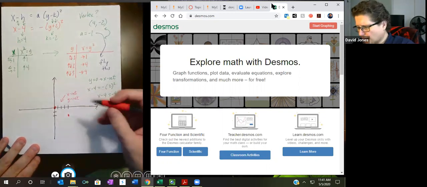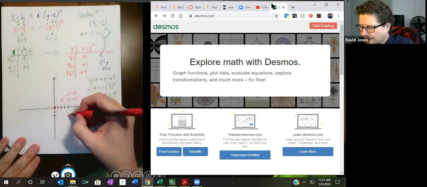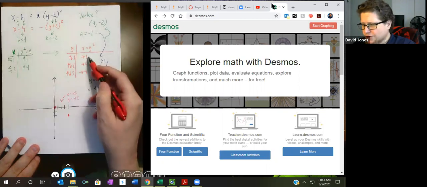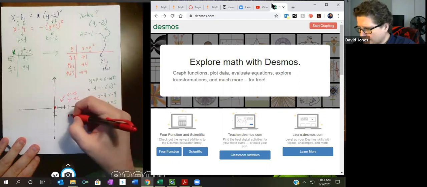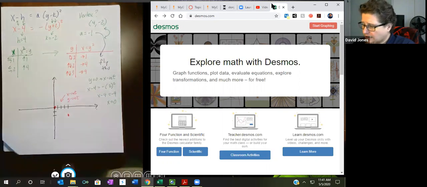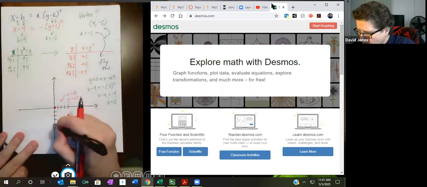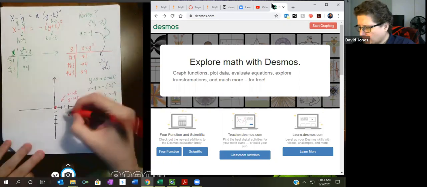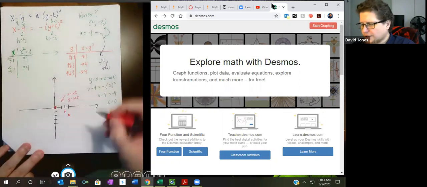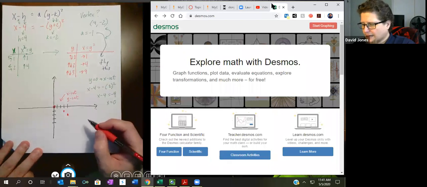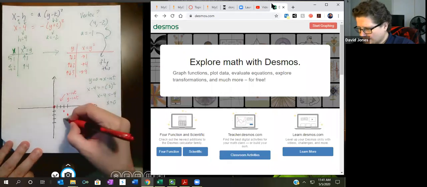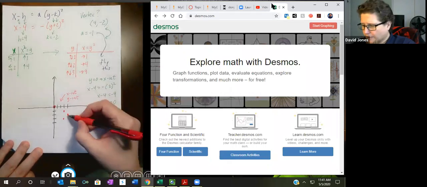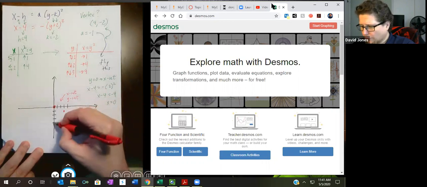The reason why is we are going left and we're going to follow this same trajectory. If I go up or down 1, I need to go left 1. That's the same with down 1. If I go up or down 2, I need to go left 4.